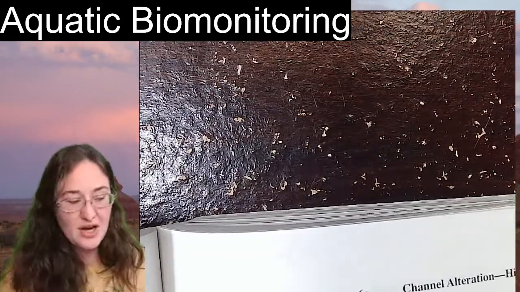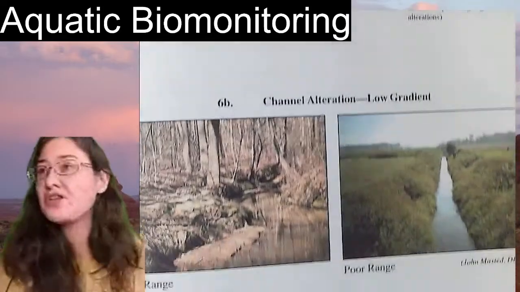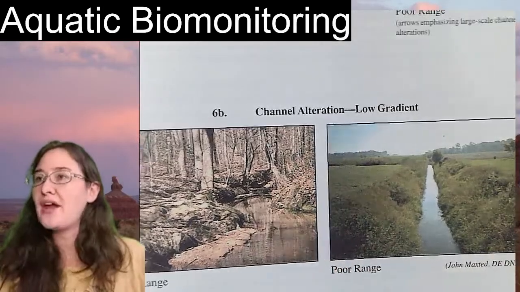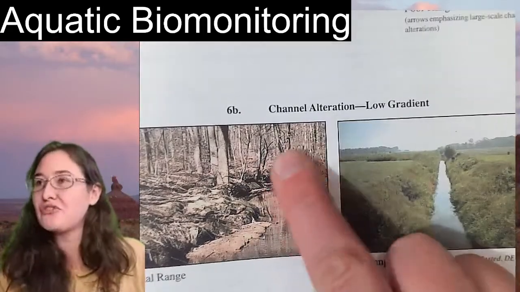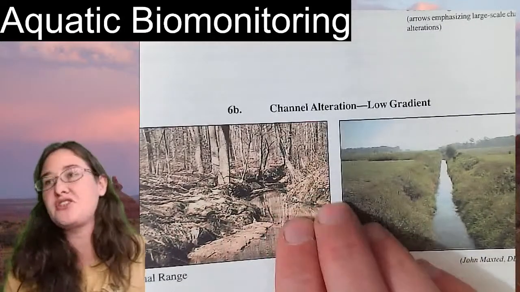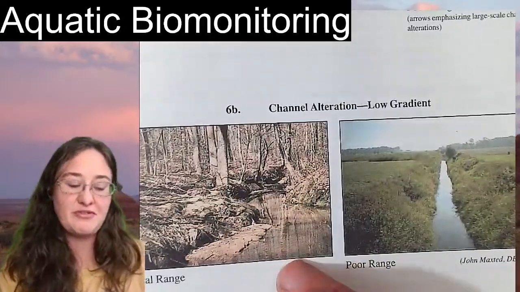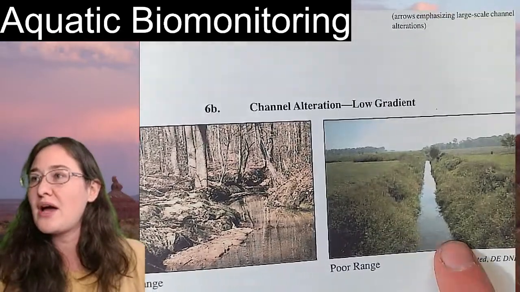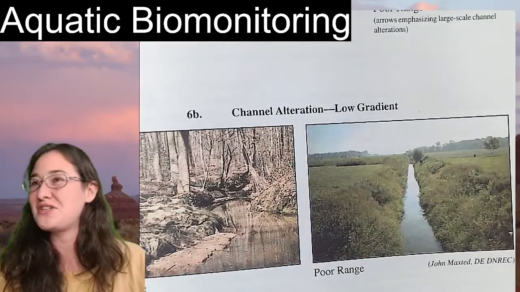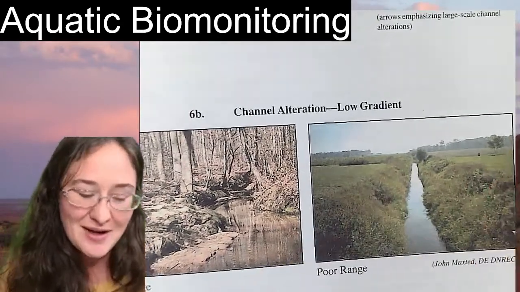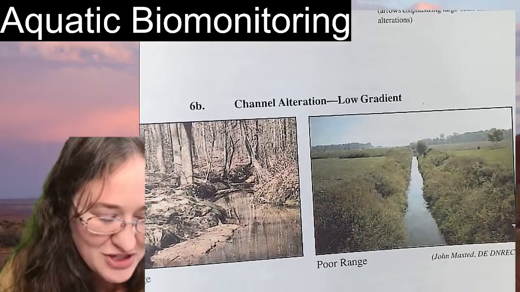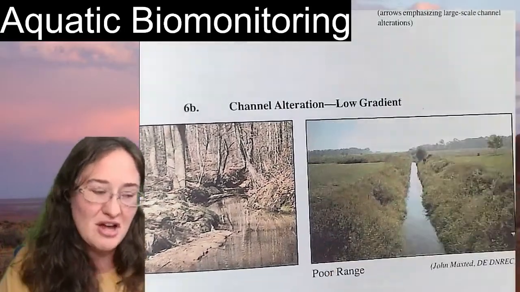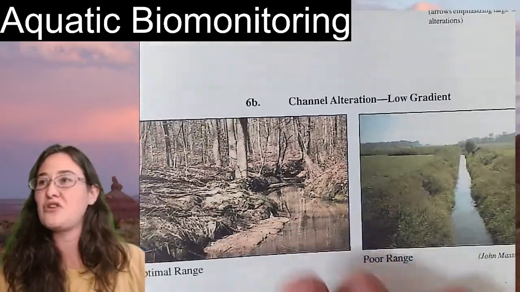If we look at something like this, you can talk about channel alterations, where obviously a natural stream or creek is going to be ebbing and flowing in an S-shaped pattern, whereas something that was cut by people, I think this one is in between two planted regions, is what we would consider poor, right? The water is all in one direction, it's all channeled, that's no good.